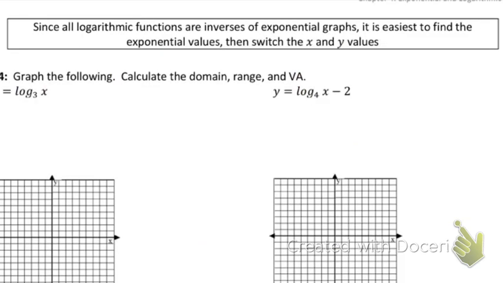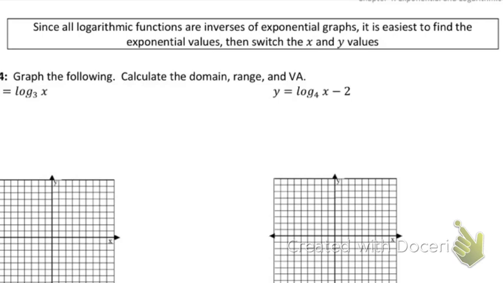Okay, we're going to use what we did on the last one to graph all logarithmic functions. There's multiple ways to graph logarithmic functions, but this is one of the easiest, and we'll talk about how. Since all logarithmic functions are inverses of exponential graphs, and since it's easy to graph an exponential graph and not so easy to graph a logarithmic function, we are going to take the inverse of a log, graph our exponential, and flip our x and y values, which will get me back to my logarithmic values.